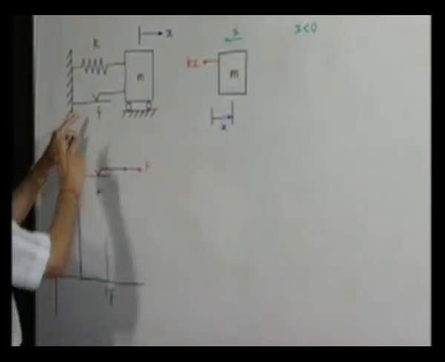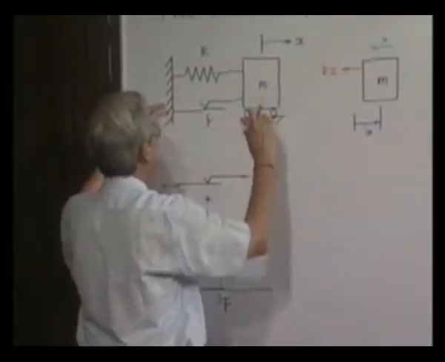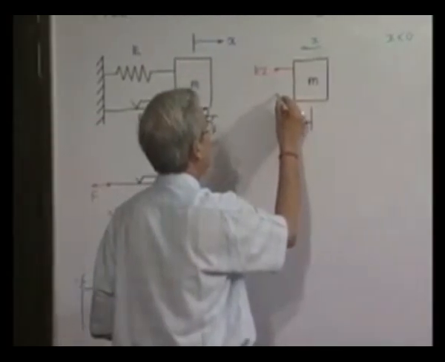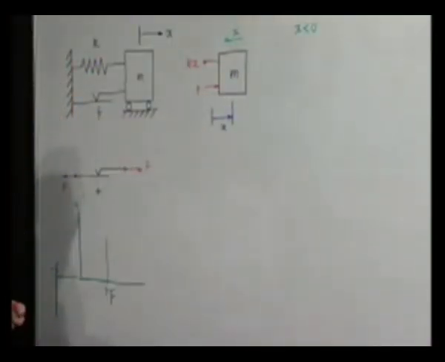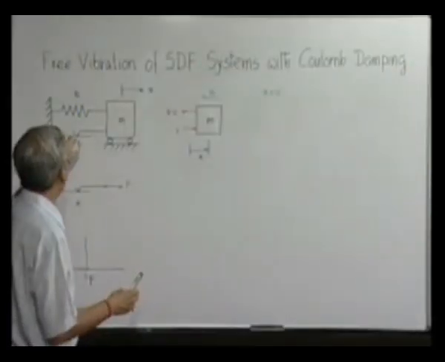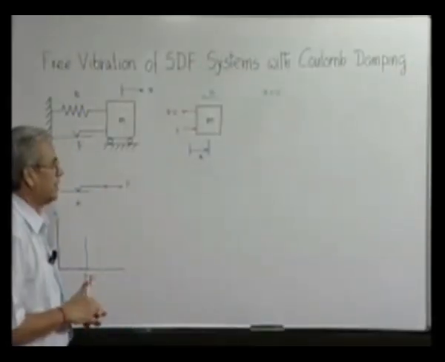Now, the friction force, when it is moving in this direction, will be in this direction, and its magnitude will be constant, because we all know that once sliding starts, the friction force between the sliding surfaces remains constant.